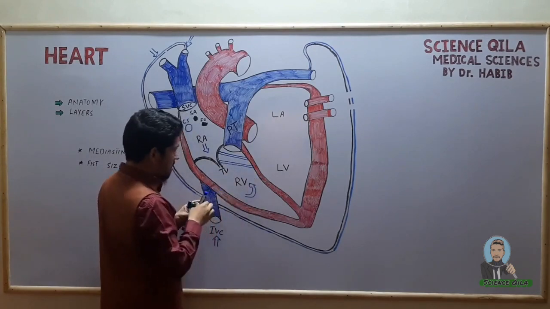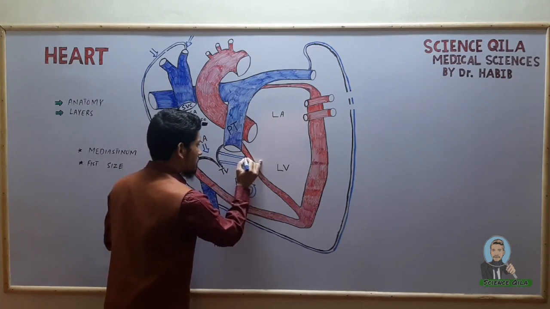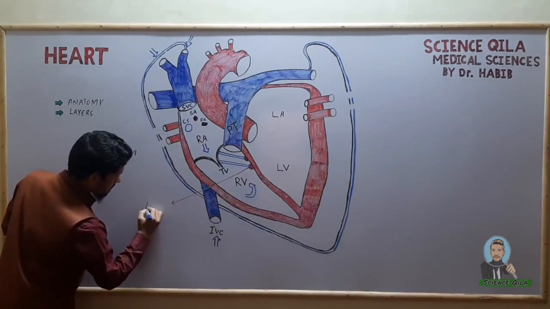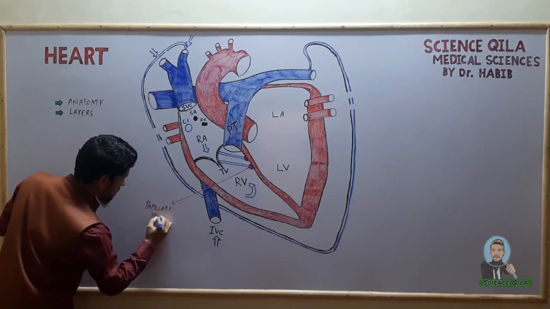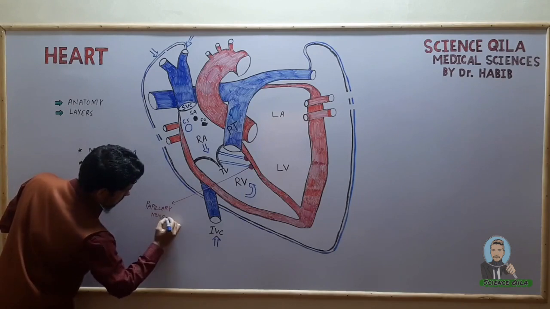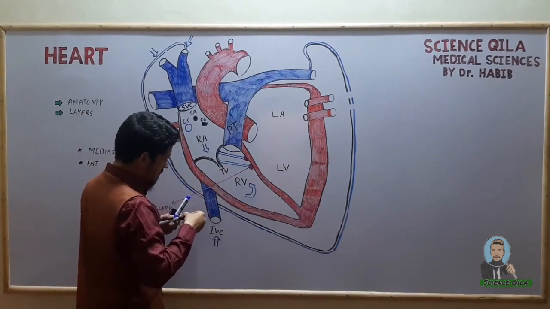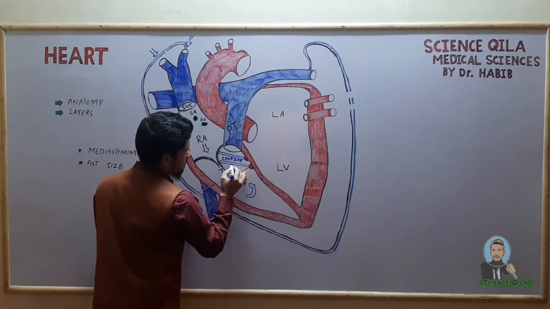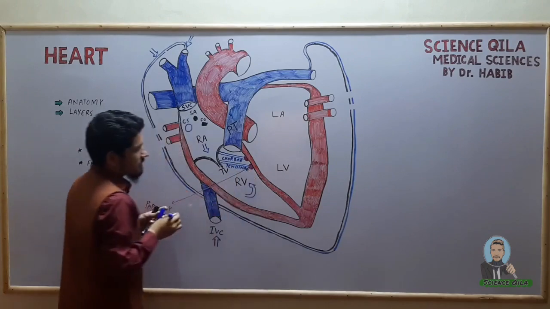The cusps of the valve are tightly positioned due to these nice blue collagen cords, and they are tightly anchored here with the muscles. These muscles are called papillary muscles, and these blue ones over here are called chordae tendineae.